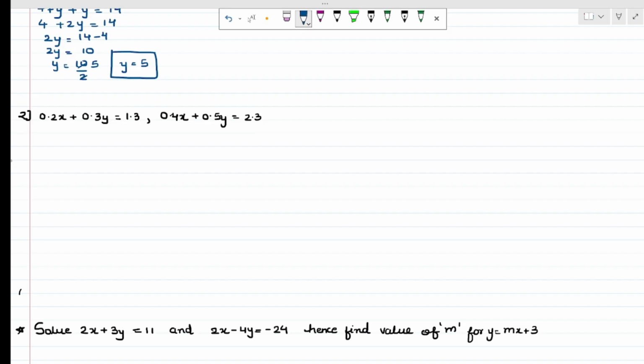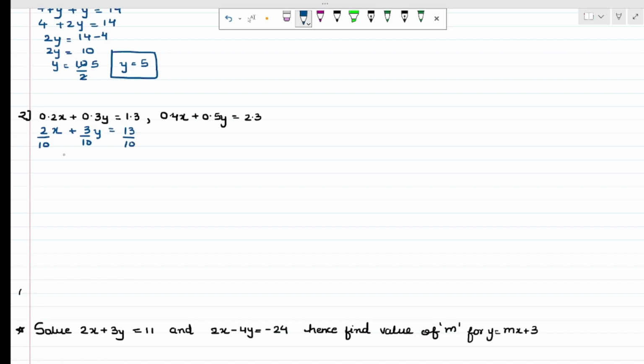Now, first of all, it is in decimals. So I don't want my equation in decimals. So I will convert them into natural numbers. So how can I do so? Can I write 2 upon 10 for 0.2? Yes, for sure. So you will write 2 upon 10 x plus 3 upon 10 y is equal to 13 upon 10.